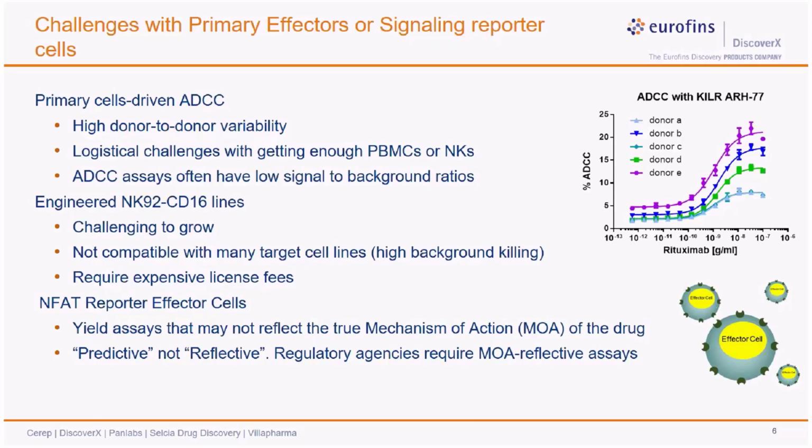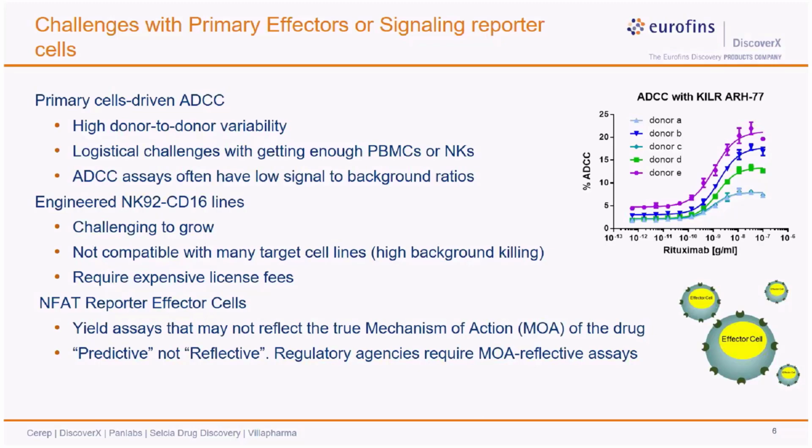Hence, even a very effective antibody like rituximab, which is an anti-CD20 antibody approved by the FDA for the treatment of lymphoma, is not able to produce a very high killing potential dataset. The data on the right here shows various ADCC assays with PBMCs using rituximab. As evident, PBMC from all these different donors produce less than 30% ADCC activity, which means less than 30% of the cells in the assay are being killed by the effector cells from any of these donors.